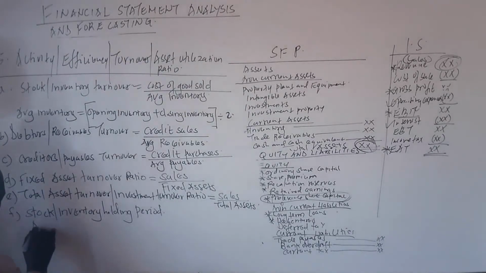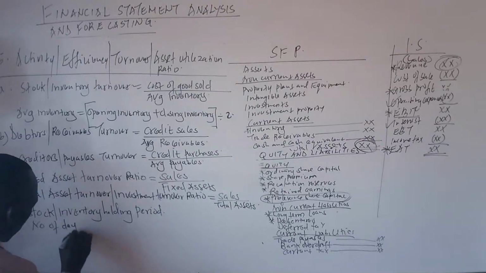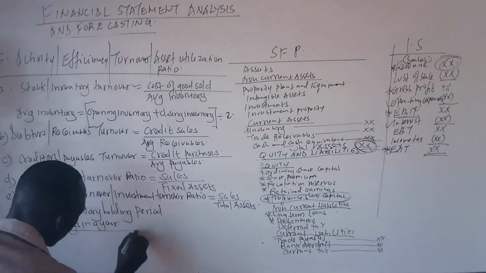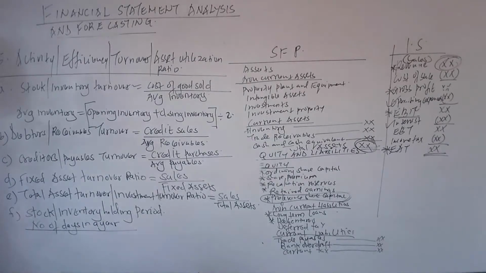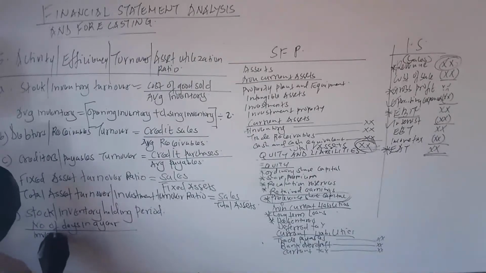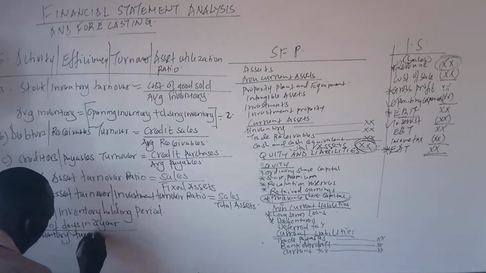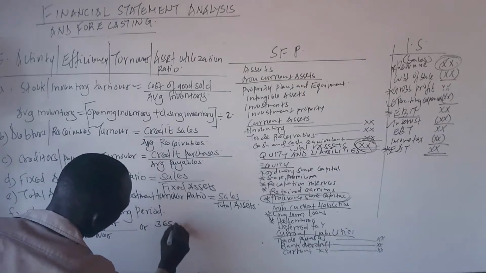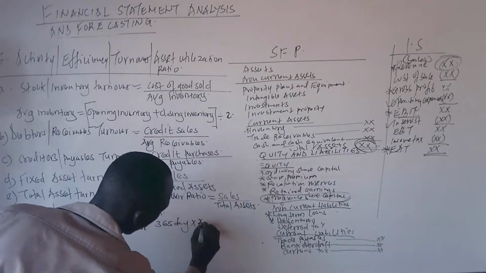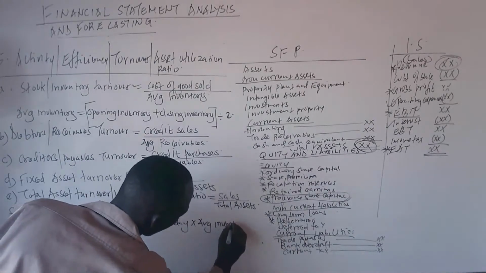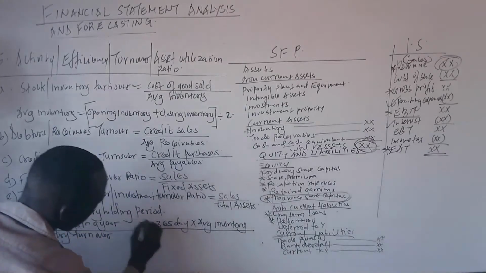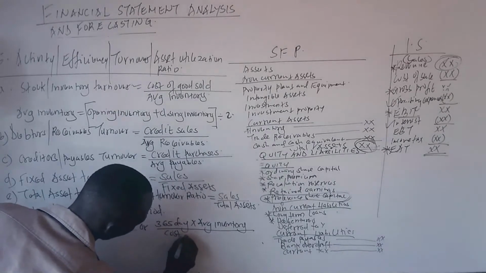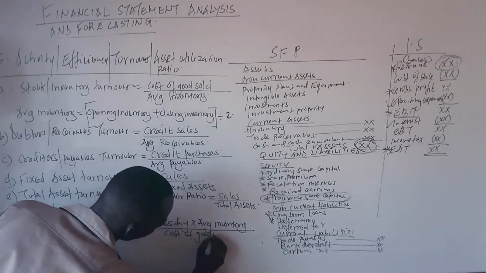It can be given by the number of days in a year divided by the inventory turnover, or you can take 365 days, multiply by the average inventory, then divide by the cost of goods sold.